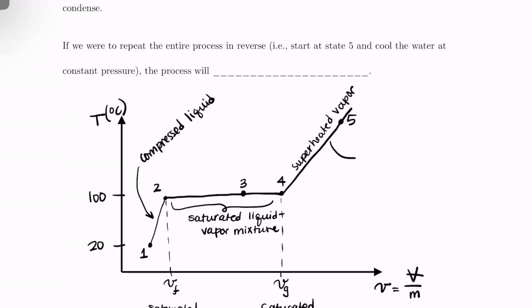Does anybody know what is special about this line that I've drawn? What was held constant throughout the entire process? Does anybody remember? Temperature changed, right? Specific volume changed. Pressure stayed constant, right? So this is an isobar, or constant pressure.